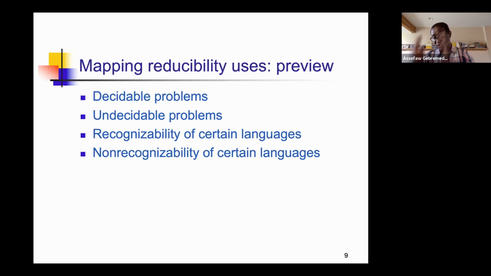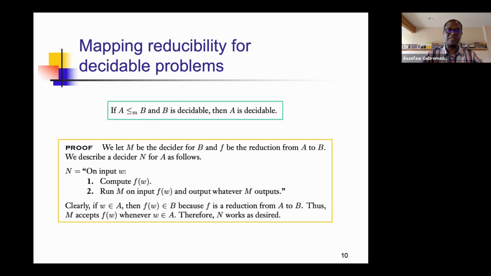It is about showing the new problem is undecidable. Exact same way, we can argue about non-recognizability and recognizability of certain languages. The last 2 points are extra important now, because we are going to be using this refined notion of mapping reducibility to be even more nuanced. That's where they would come. So bear with me, we'll see these 4 examples.